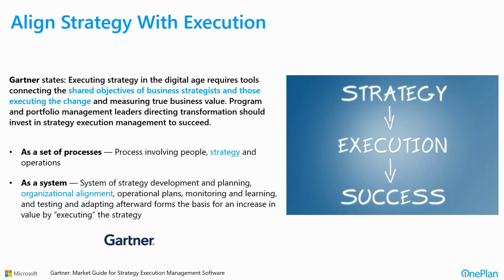If we don't, we risk doing things in a haphazard way, doing the wrong things, and even wasting time by having duplicate things going on that are trying to accomplish the same thing in different parts of the organization. But the shared objectives of the organization should be shared by those executing the change and executing on the projects, etc. This involves the strategy itself and the processes and the systems around that.